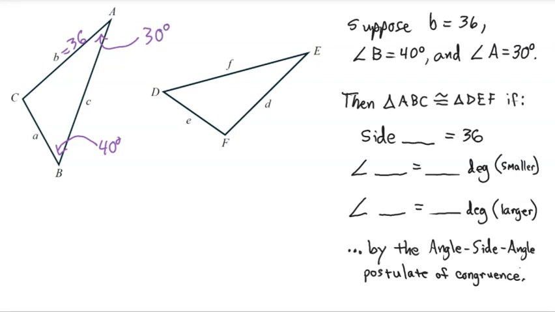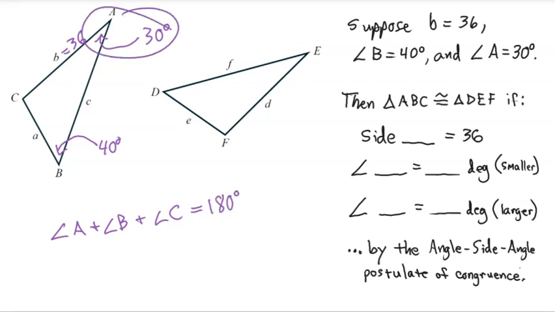But in order to use angle-side-angle, we need to know the measure of angle C, and that's not given to us. But I want to remind you that angle A plus angle B plus angle C is going to be equal to 180 degrees.